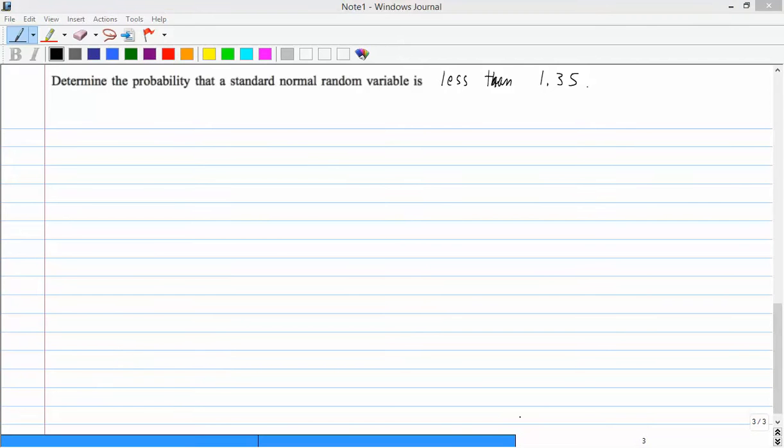So if we use table C, remember the area is cumulative left to right. So any problem that has less than, I can just take the value out of the table. So go to a z-score of 1.35, and that gives you an area in the table of 0.9115.